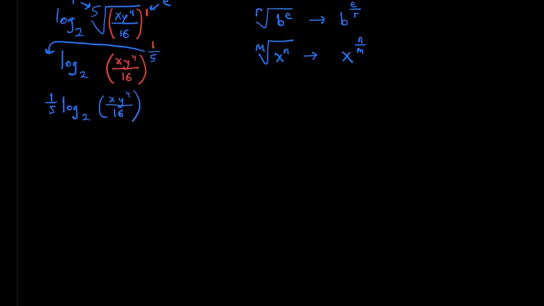Now on the next step, either you can leave the 1/5 on the outside and put it back at the very end, or you can keep it the whole way, which the way you do it is up to you. Either way, you should end up with the same answer. But I say that it might be easier sometimes just to keep it together.